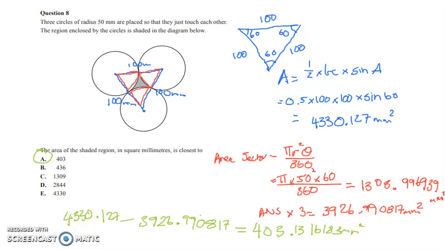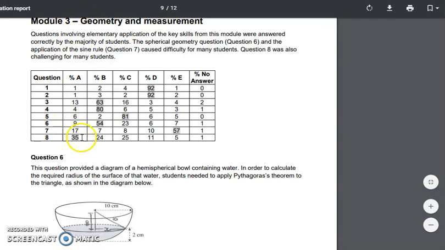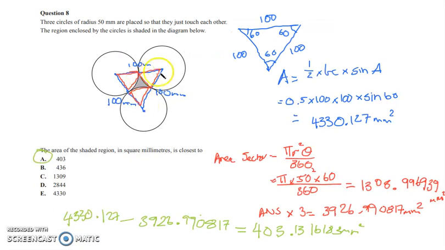If we look at the assessor's comments for question number 8, only 35% of the cohort managed to get this one correct, quite evenly spread across B and C. The key for this answer is being able to identify the shapes inside this diagram and then identifying the formulas we have for those shapes.